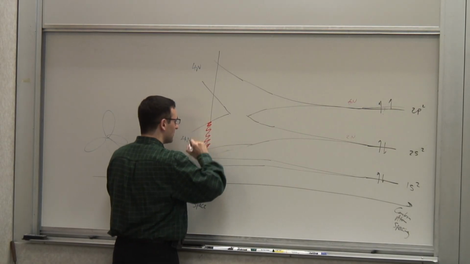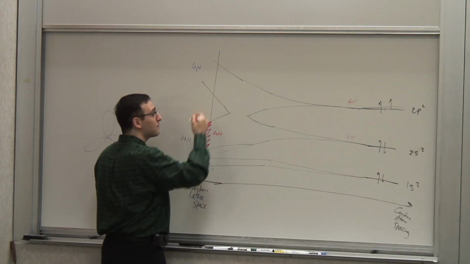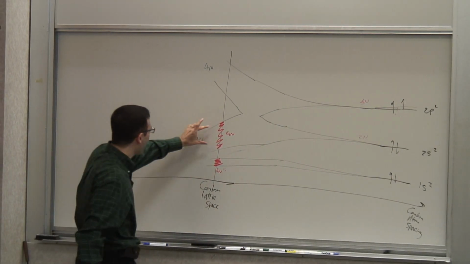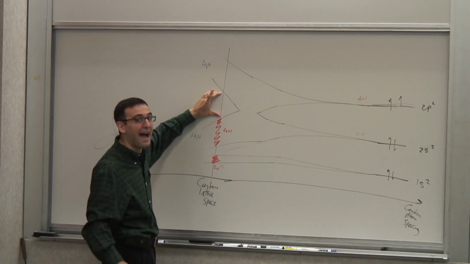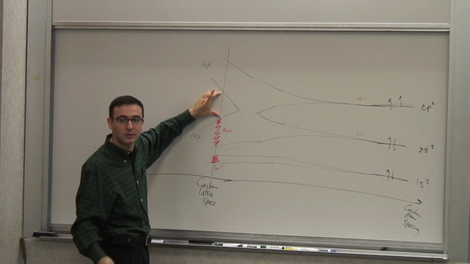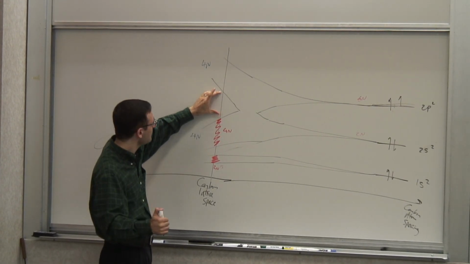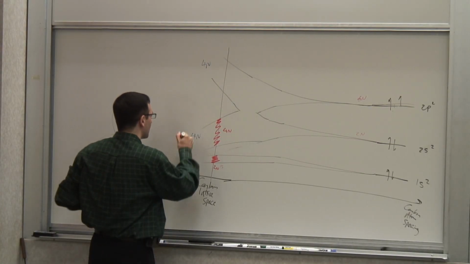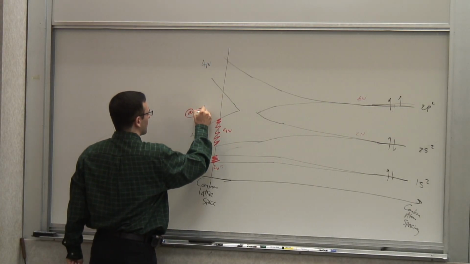So this is completely filled. And this is completely empty. So at that energy, I have a band that's completely full, a band gap where I don't have any allowed states, and then I have states, but I don't have any electrons to fill them with at 0 Kelvin. All of this at 0 Kelvin.